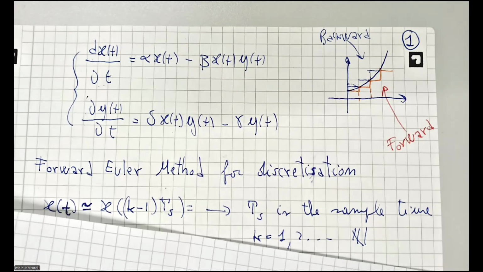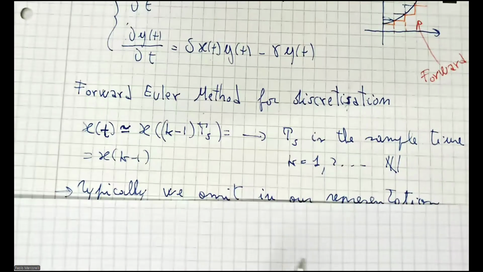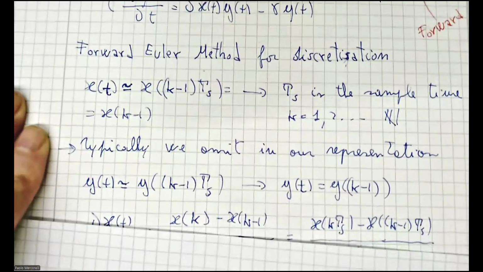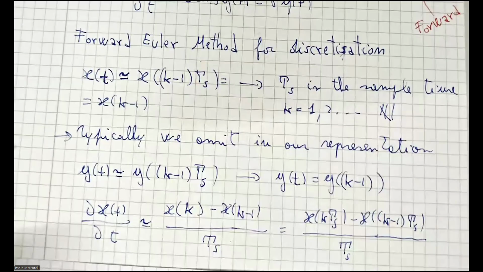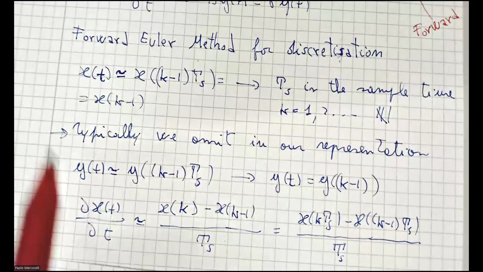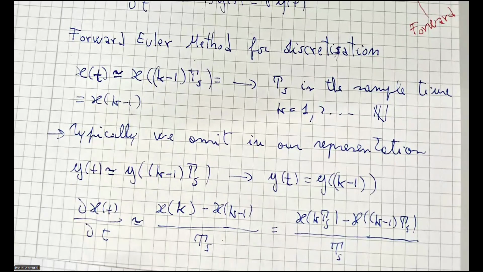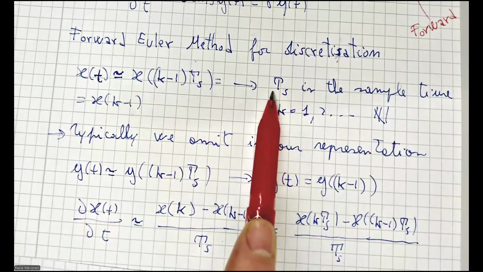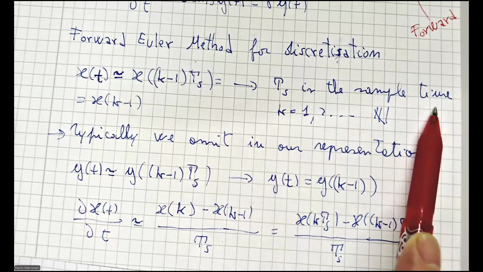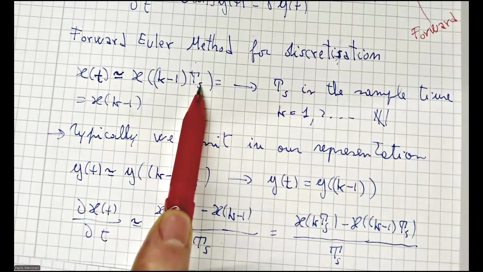At this moment, I would like to go ahead with the forward Euler, which is characterized, excuse me, by, let me consider this part of the slide, these equations. First of all, Ts is the sample time, which we can see appears here.